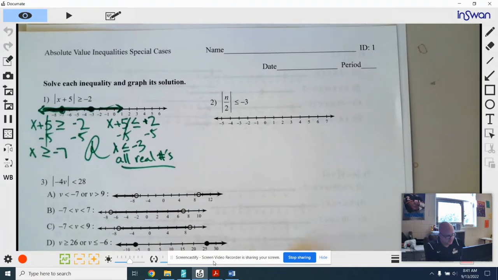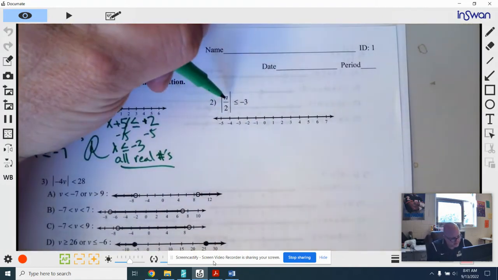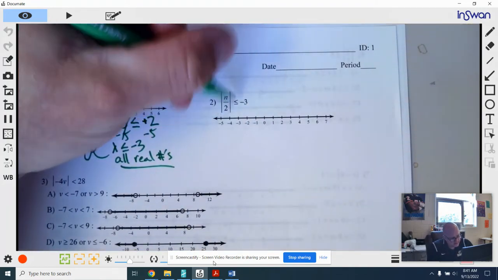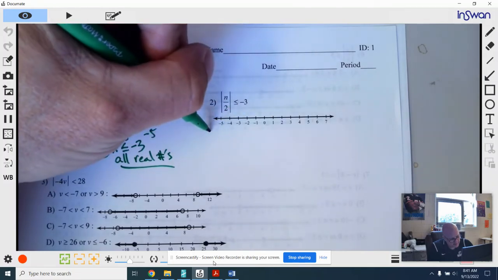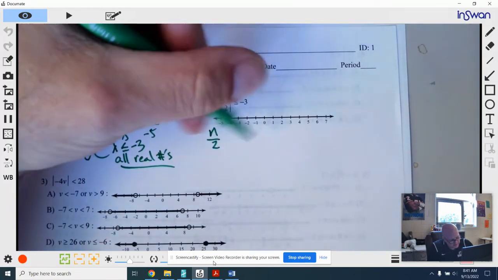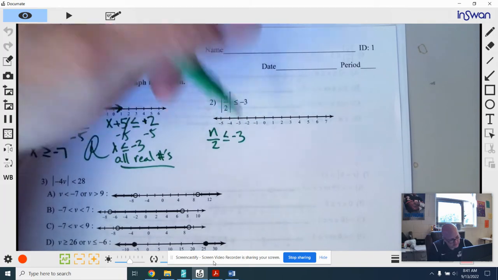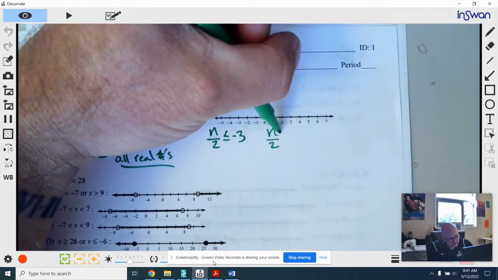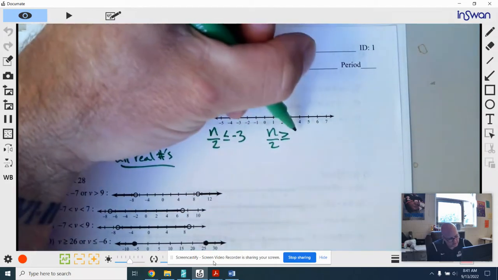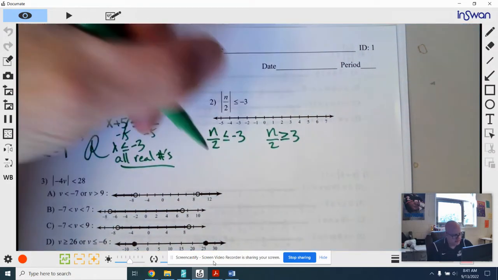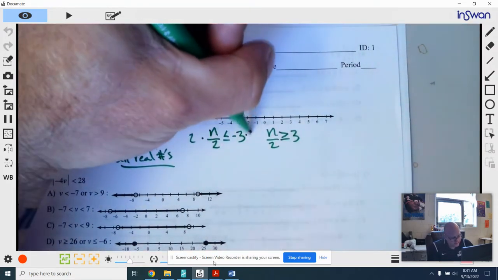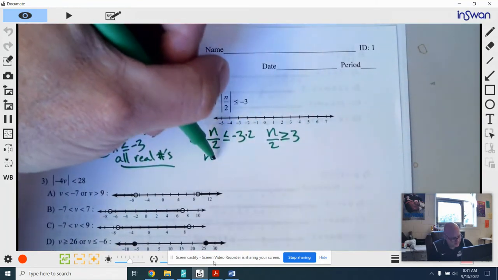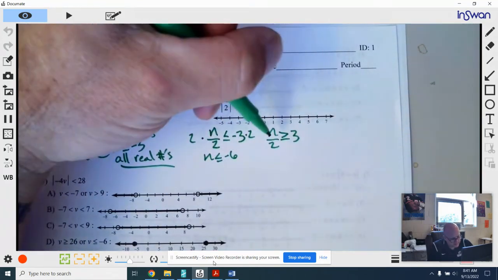Okay, number 2. So again, double check that the absolute value bracket is isolated, which it is. So I come down and rewrite it. The absolute value of n over 2 is less than or equal to negative 3. And then I make my second problem, switch the symbol, change the answer to its opposite, and then solve. So times 2, I get n is less than or equal to negative 6.